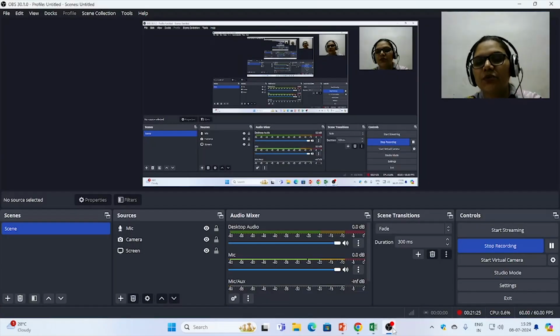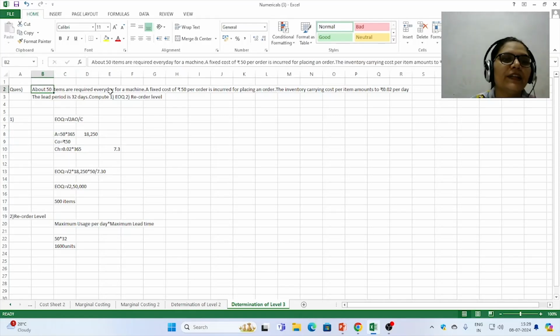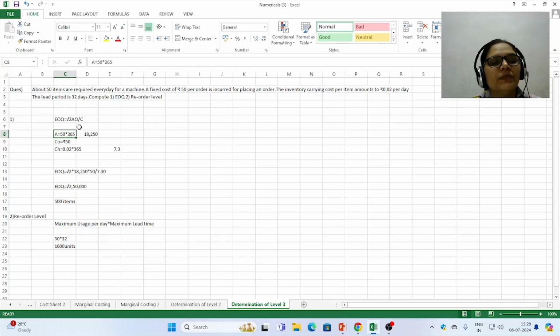So students, this was all about identifying various inventory levels. We have identified economic order quantity by the formula square root of 2AO into C, where A is the annual requirement, O is the cost per order and C is the carrying cost per unit. In this question, 50 items are required every day, but we have to take values on an annual basis, so 50 into 365 will be 18,250.